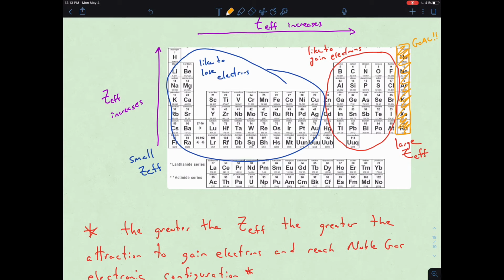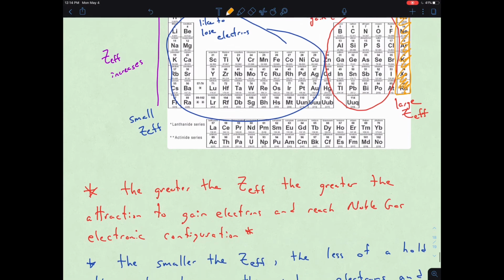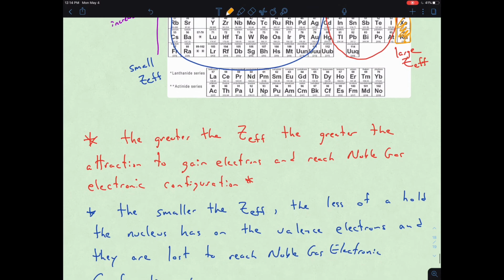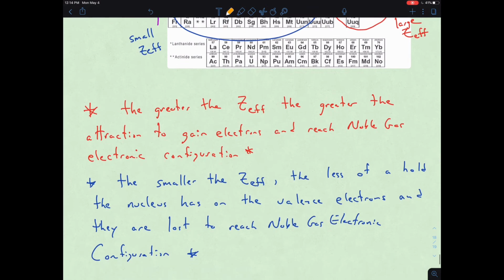They're both trying to get to the goal. They're trying to get to that noble gas electronic configuration. But Z effective is another way to visualize ones that want to gain and ones that want to lose, is really this reflection on what their Z effective is and how large it is or how small it actually is.